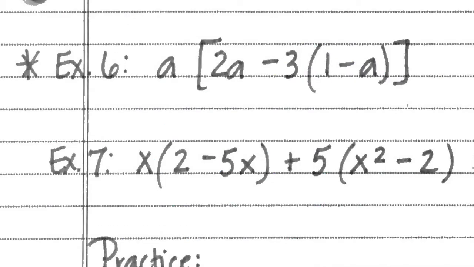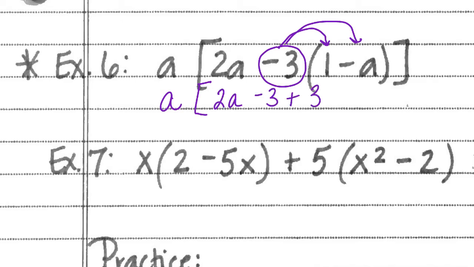All right, I have a couple harder ones here. For example 6, we do want to work from the inside out. So let's work with this negative 3 first. So my second line will say a times the quantity of 2a minus 3 plus 3a. And then inside those brackets, remember that we can go ahead and add like terms.